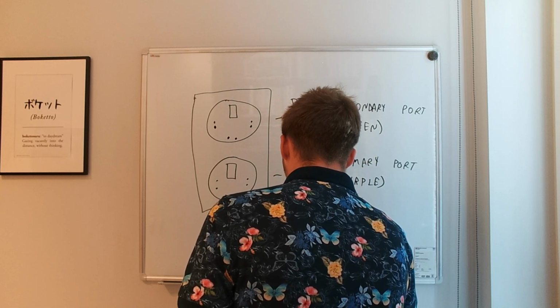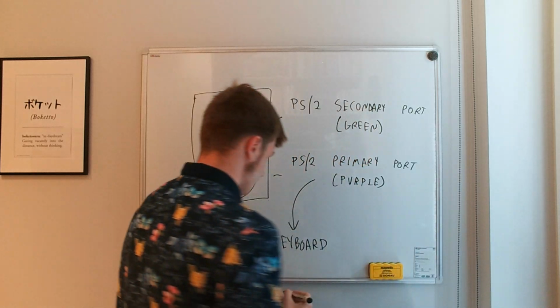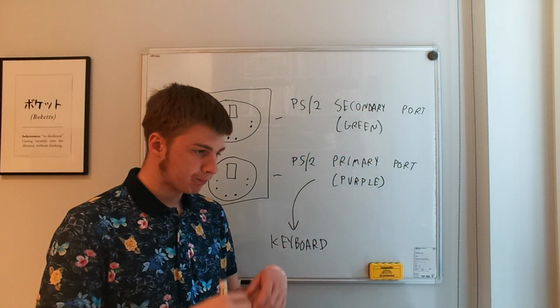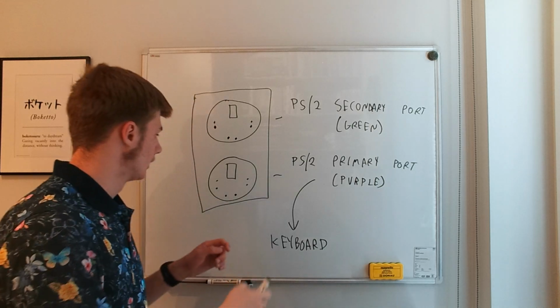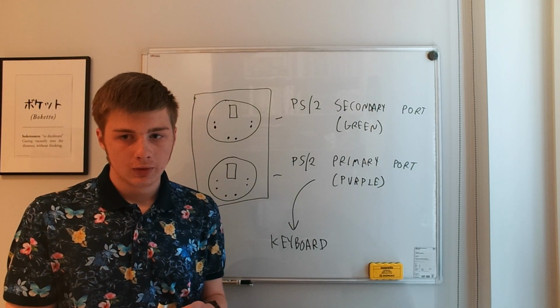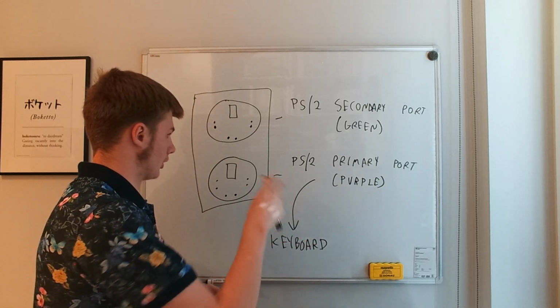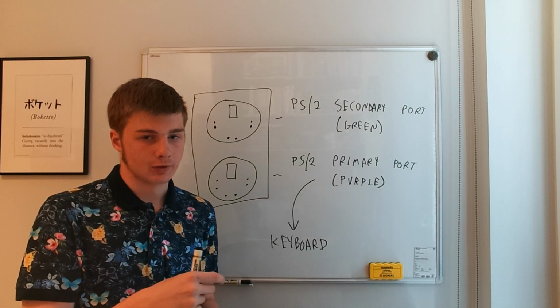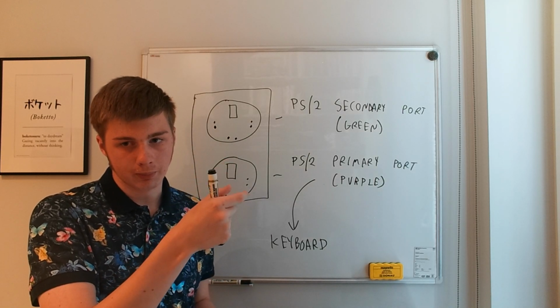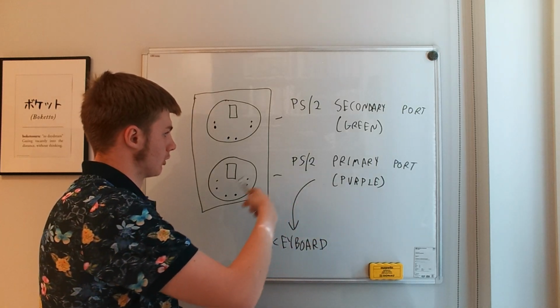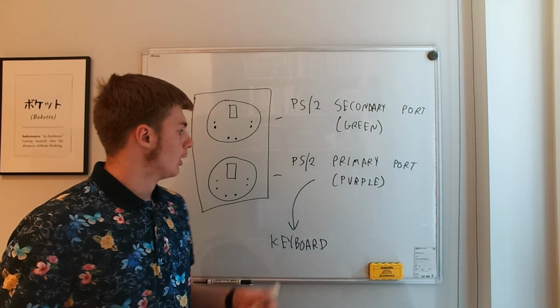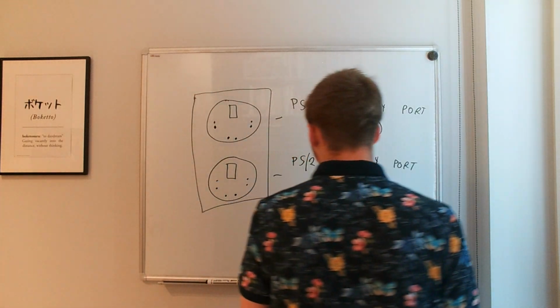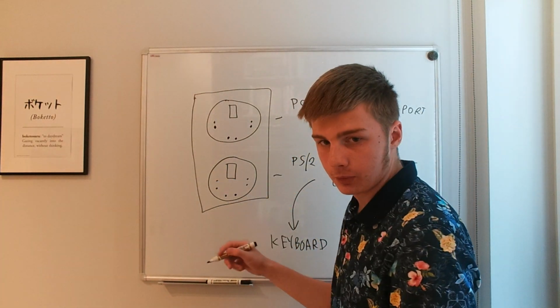So there was a PS2 keyboard, and it had such a 7-pin ending that would go into this port, and this connector at the end would be purple in order to indicate that it should go into the purple port. So over here, you usually have the keyboard.